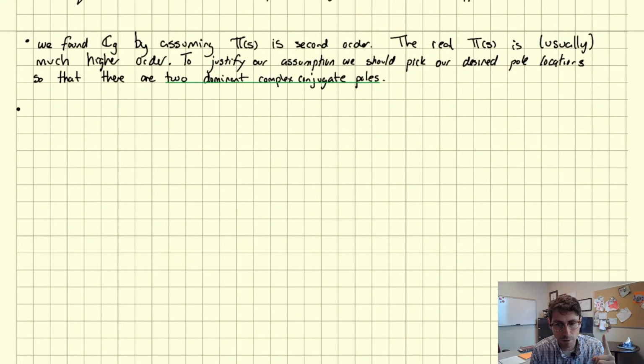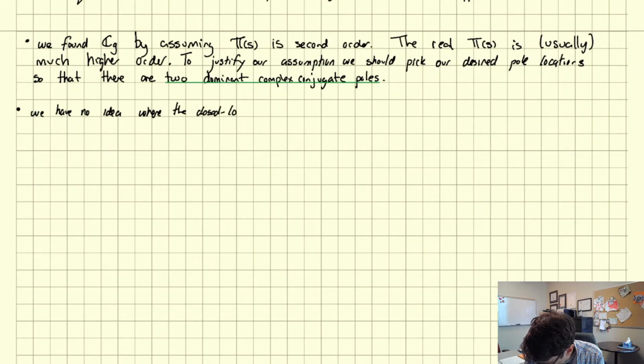So that's one issue. The second issue is what I'll write here, is that we have no idea where the closed loop zeros will end up.